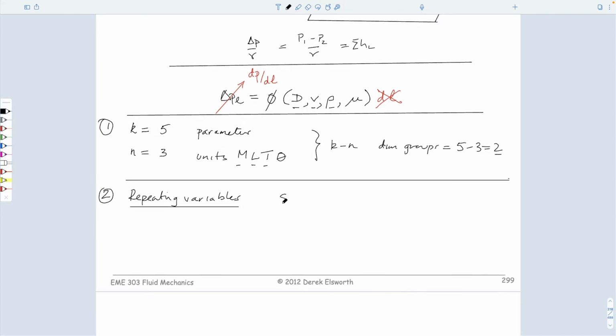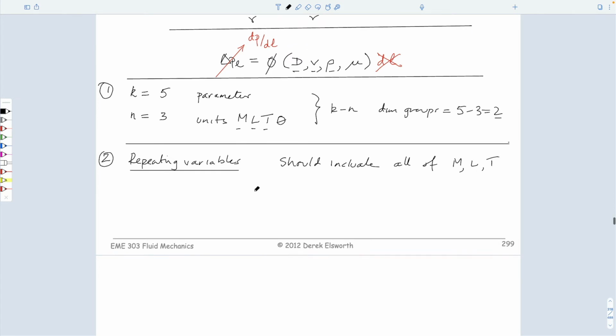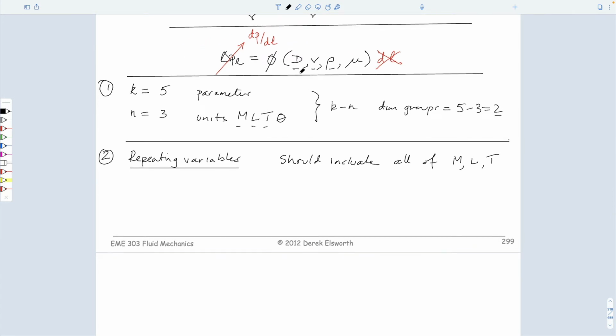And these should include all of whatever we have as mass, length, and time. And so they do, right? Length over time and mass per unit length cubed. So we're going to use these as repeating variables.